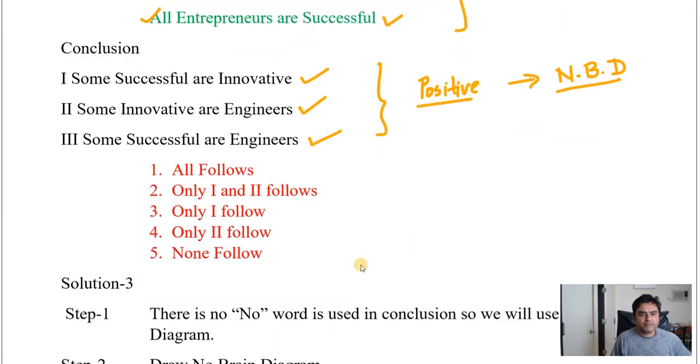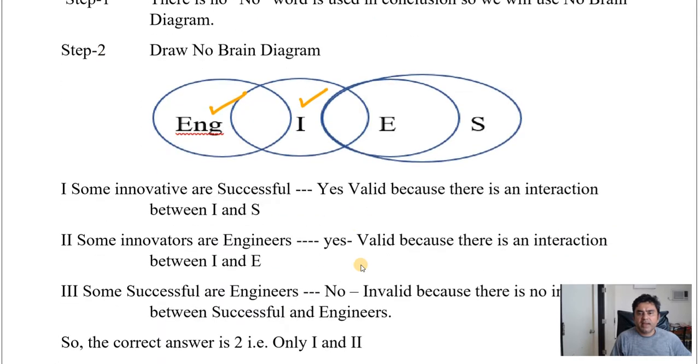So some innovative are successful. Some innovative is here and successful is here. Yes, this is valid because the successful part is also inside innovation. So this is correct.